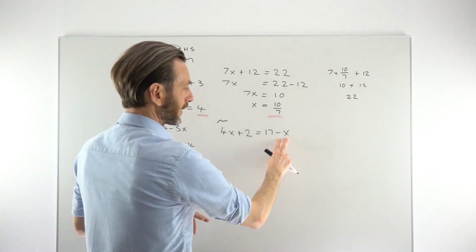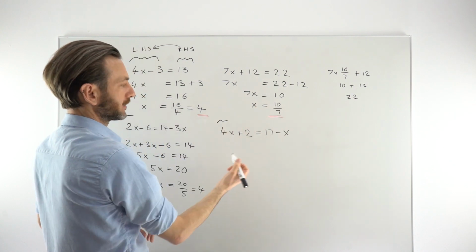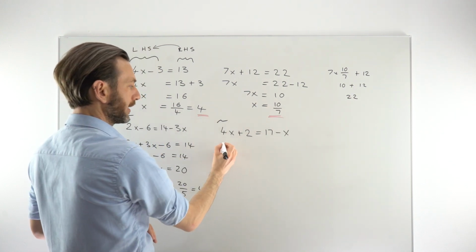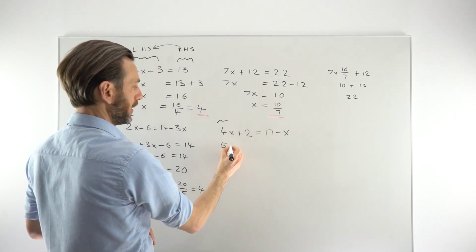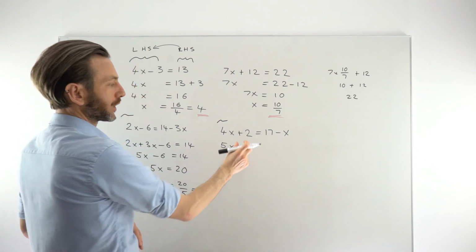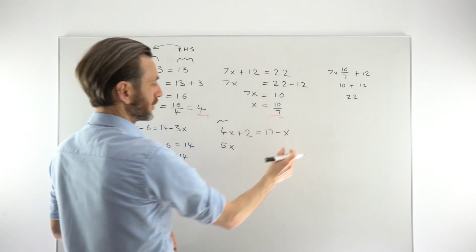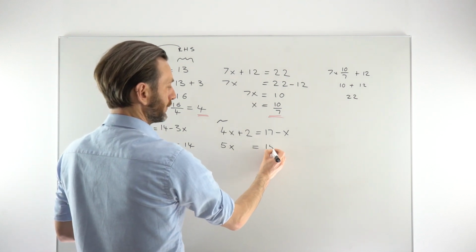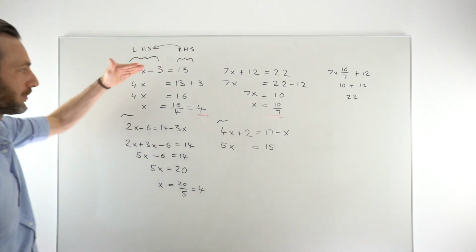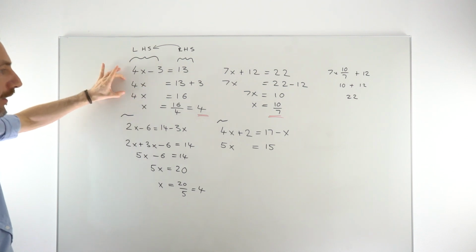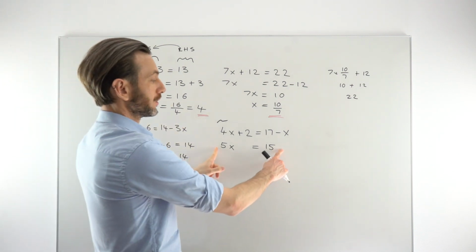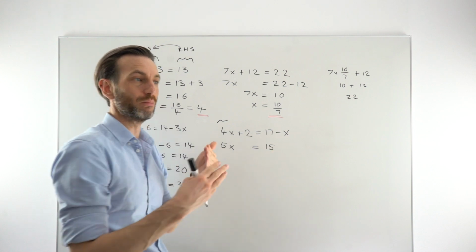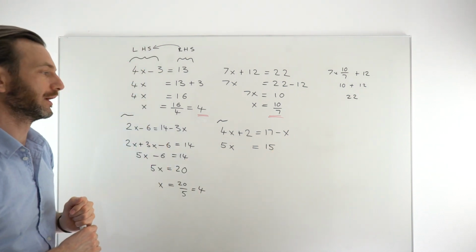So bringing that minus x over to the left-hand side would give you a plus x. 4x plus x is 5x. On the same line of working, I'm just going to take the 2 to the other side, but it becomes a minus 2, so it'll be 17 minus 2 to give you 15. Once you've got enough experience of these, you'll start dropping the lines of working and just do more than one move on one line of working.